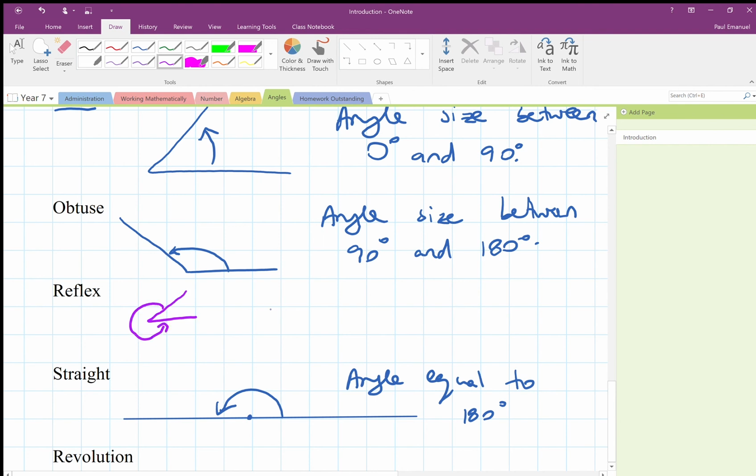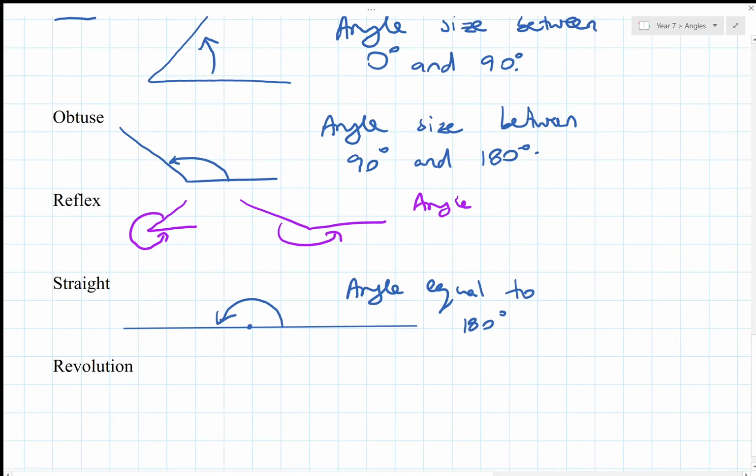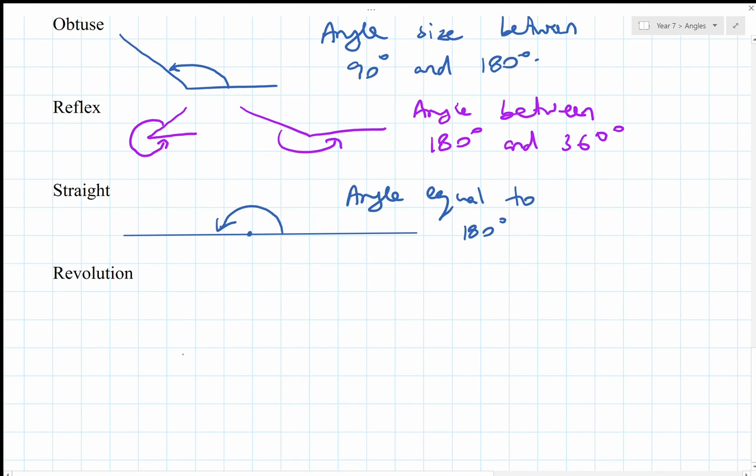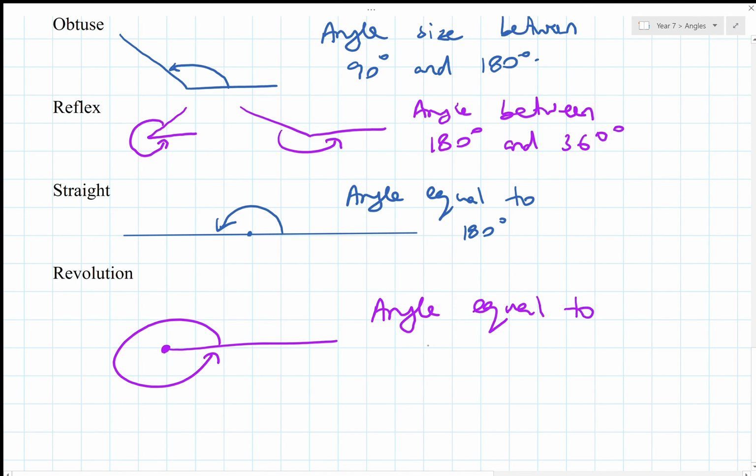So it's that one there, if you start with an acute, and if you start with an obtuse, it's that one there. And it's an angle between 180 degrees and 360 degrees, but not equal to either of those things. And then a revolution is a full spin, like that. And so that's equal to 360 degrees.